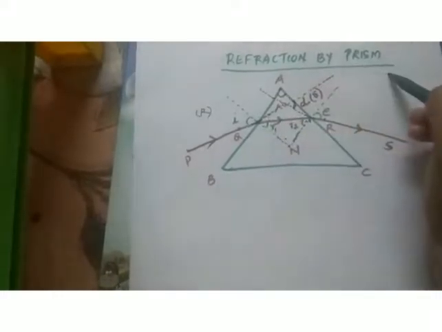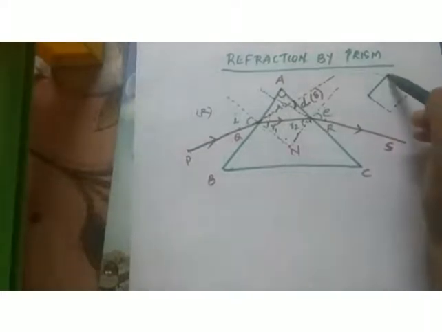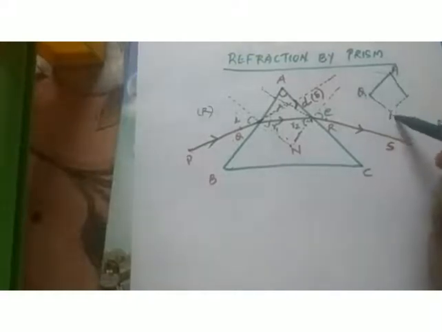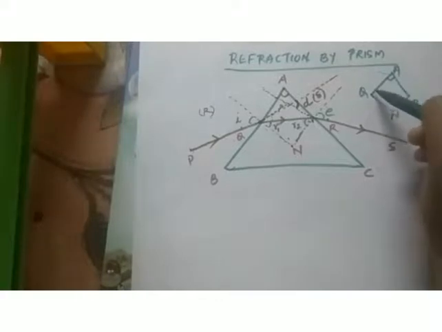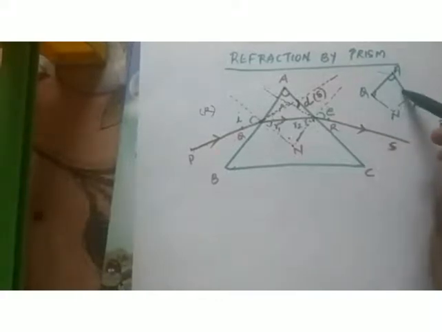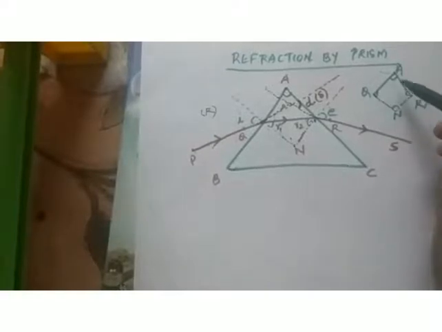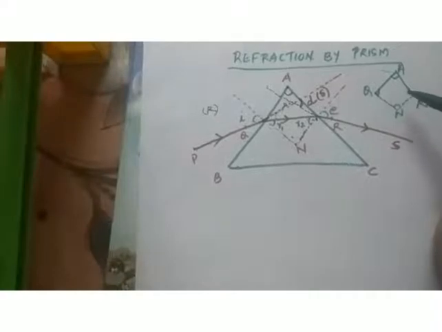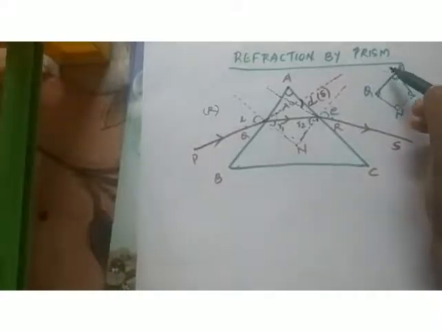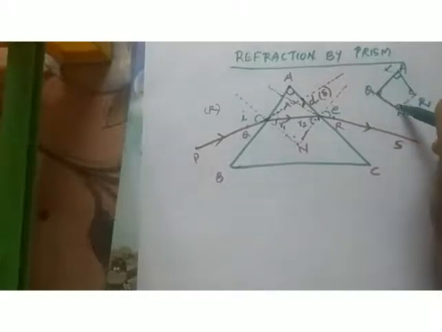This is the quadrilateral AQNR. Now this is the angle of prism, and this is the point Q, this is the point R, this is N. And you know, in a quadrilateral, the sum of opposite angles will be 180. So here the opposite angles are angle A and angle QNR.